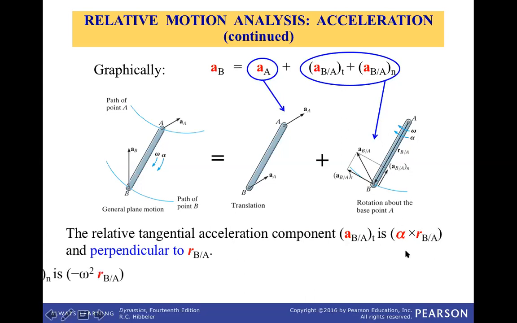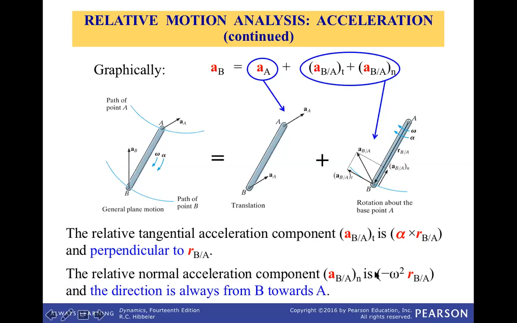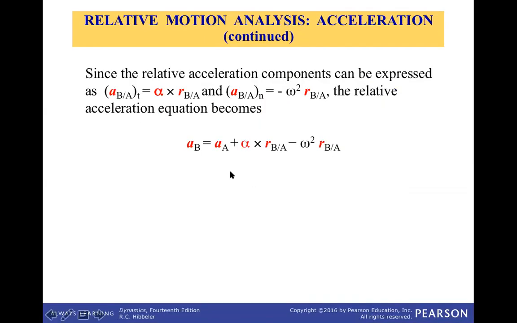For the normal component, it's going to be minus omega square R B sub A. You can also refer to the beginning of the chapter for this component. So then the acceleration equation becomes A sub B equals A sub A plus the tangential direction acceleration plus the normal direction acceleration.